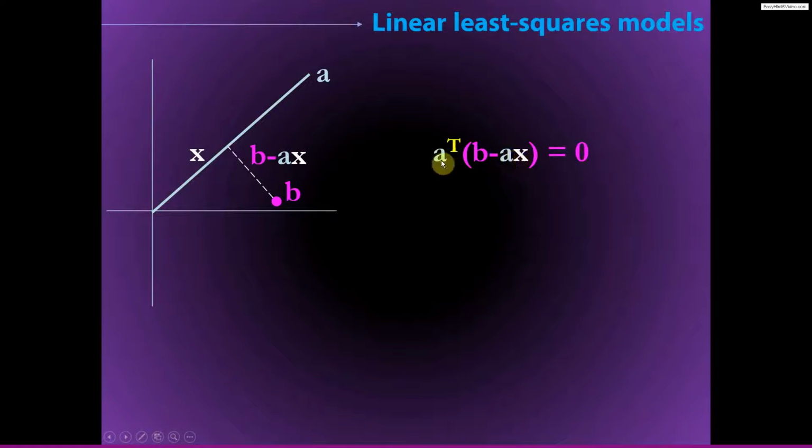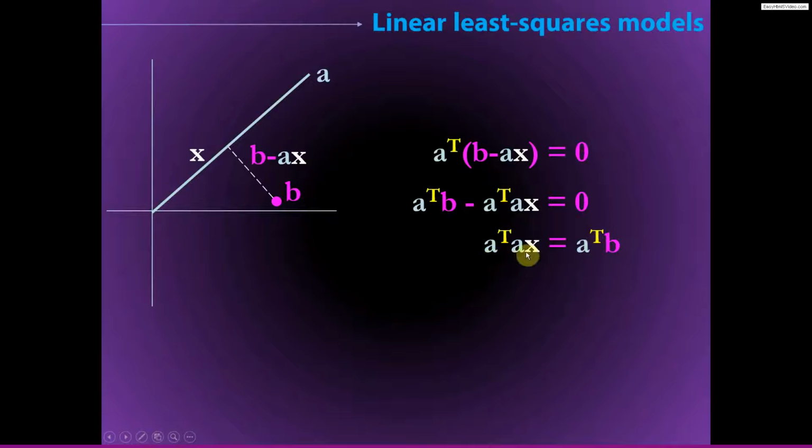It turns out that vectors and matrices obey the distributive law, which means we can expand this to look like this. So now we can rewrite this first equation to say A transpose B minus A transpose A x equals 0. And again, we want to solve for x. Of course, the next step is to put the A transpose B over here.